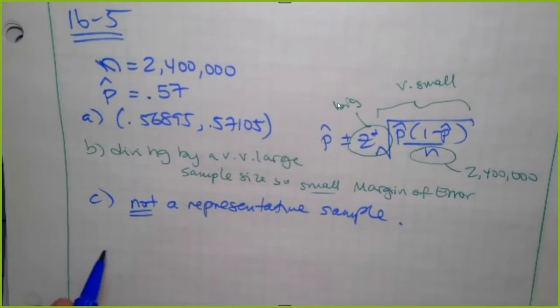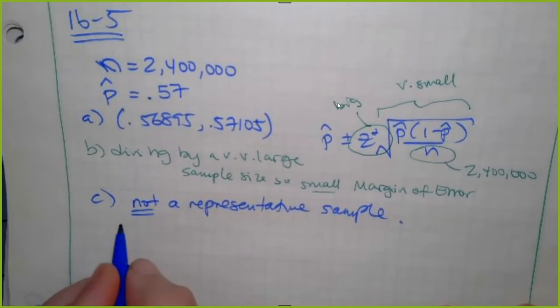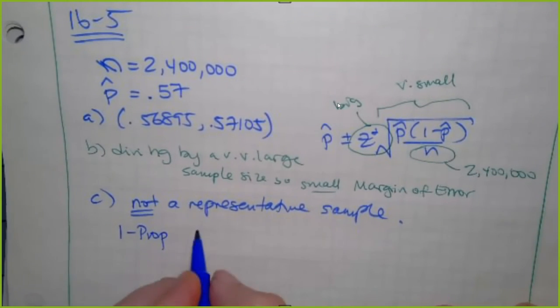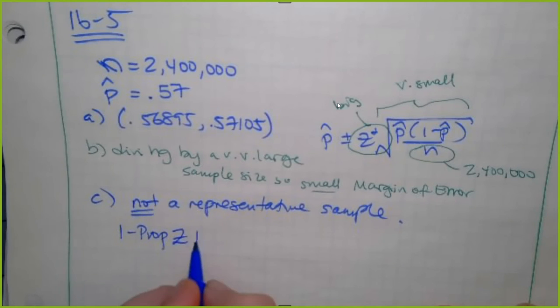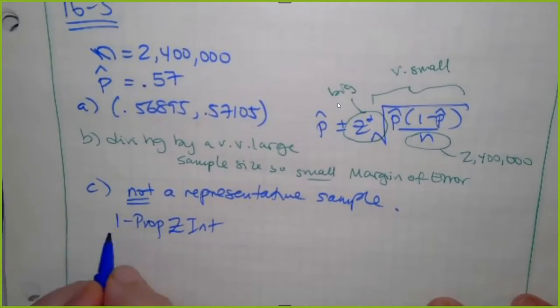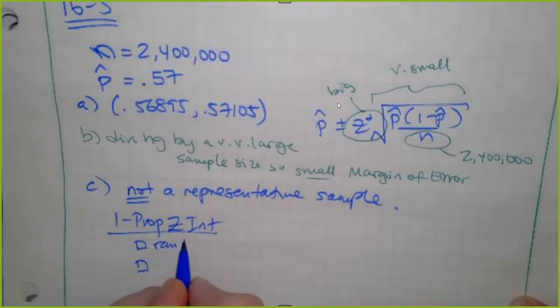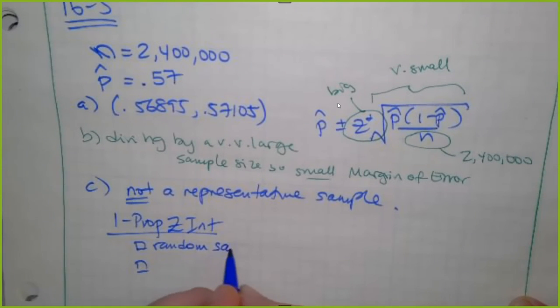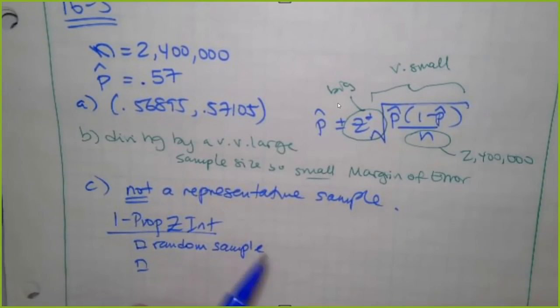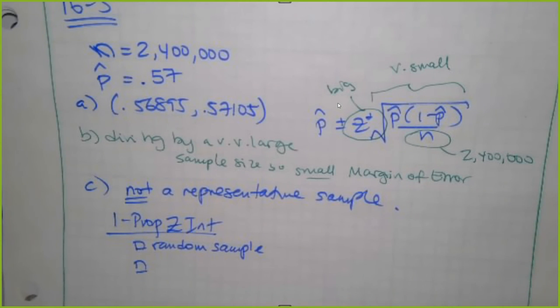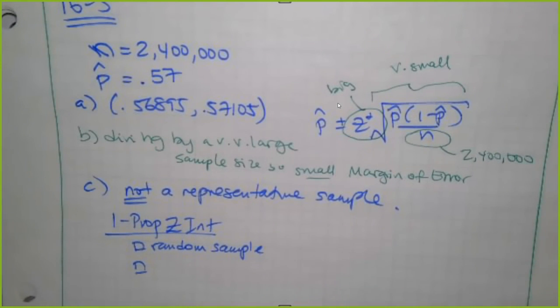So when you're doing a confidence interval, you want to do a one proportion z interval, which is what this is called in the calculator. The very first thing you do is you check your conditions. Condition number 1, a random sample. That was the big fail here. They sent mail to people who owned phones and cars in the middle of the Great Depression. Totally biased, not a random sample, absolutely not representative.